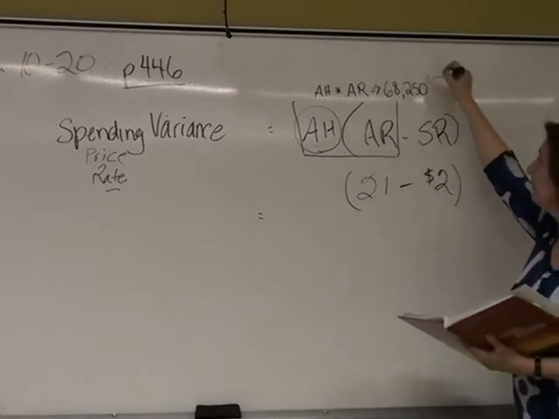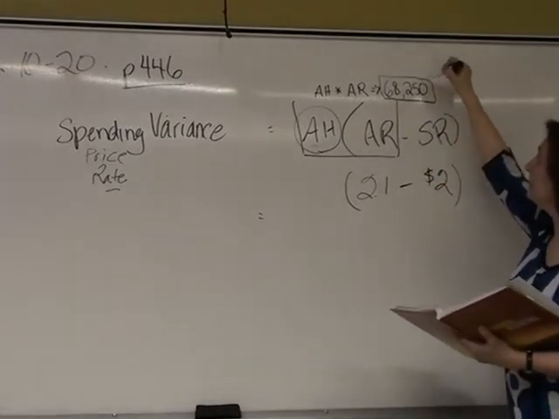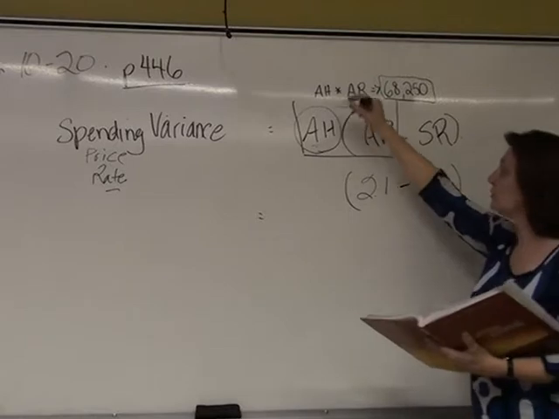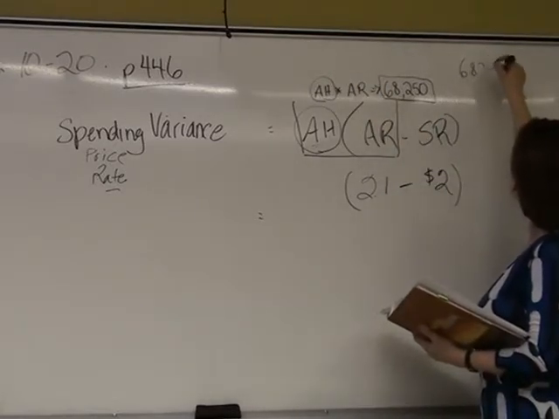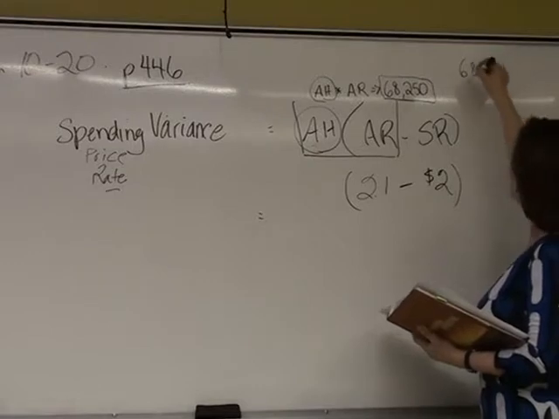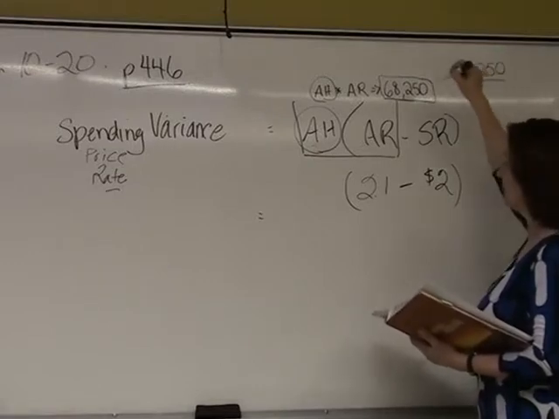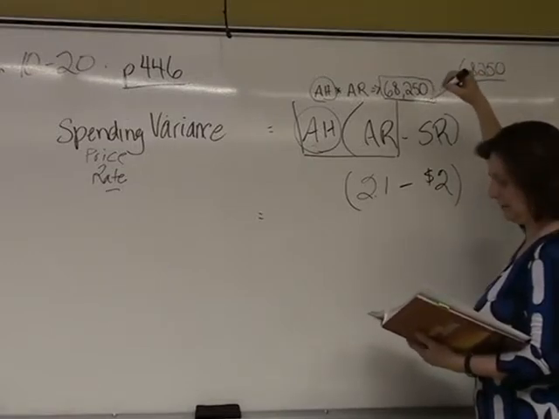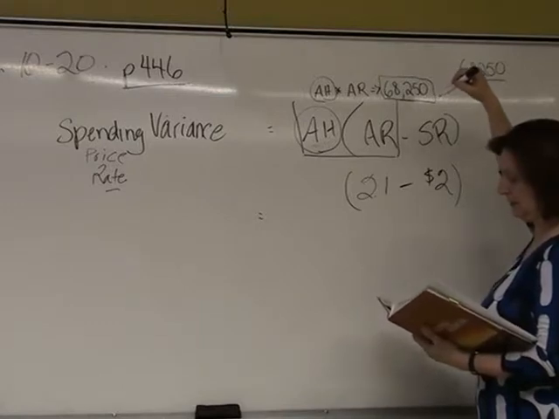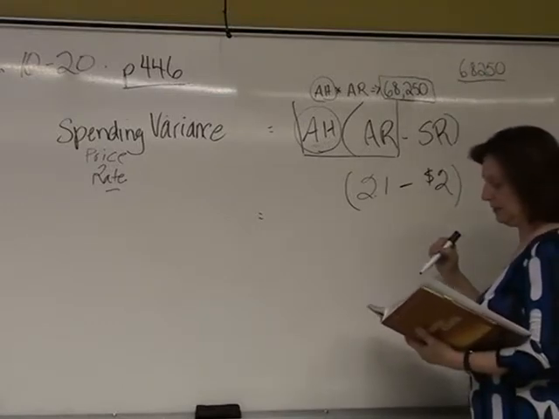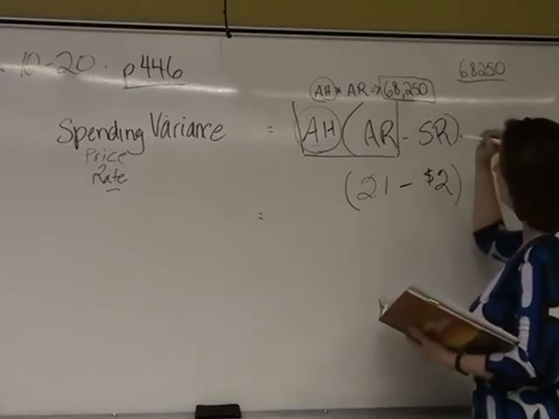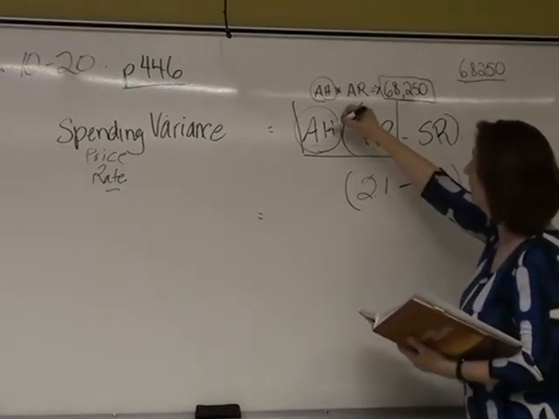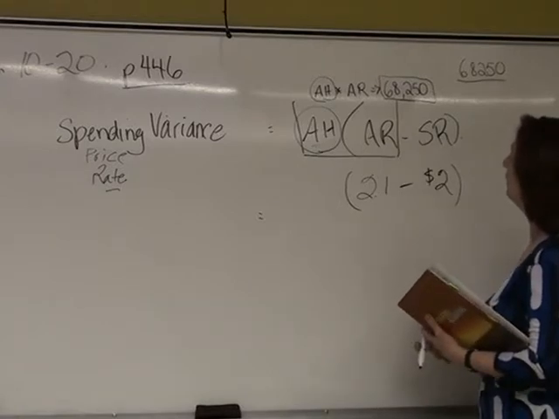That's what they're telling you. So the way that you get the actual hours is you take the 68,250 and you divide it by the actual rate. Actual hours, 32,500. And we get 2.1 for the actual rate.